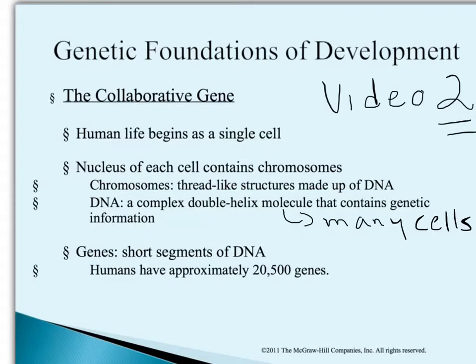And the most important thing about this DNA is that it has our genetic information. What color hair we have, how tall we'll be, facial structure, everything about us is determined by genes. A gene is a short part of DNA, and each of us has over 20,000 genes.